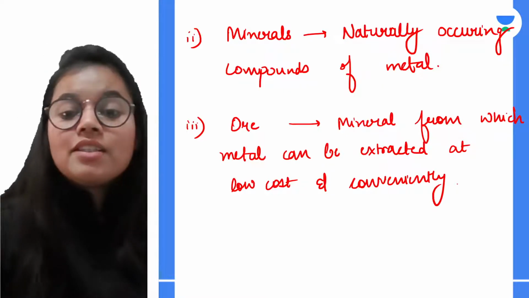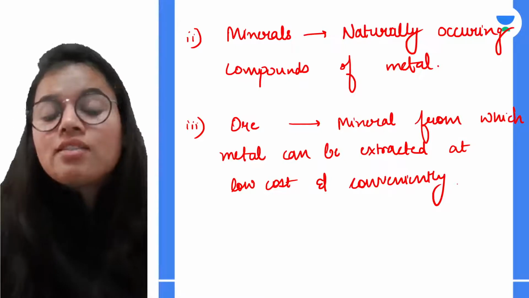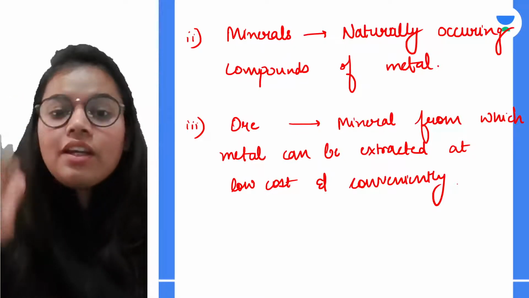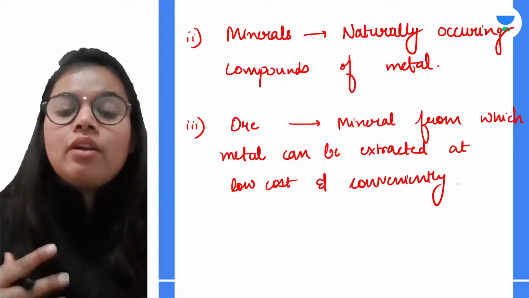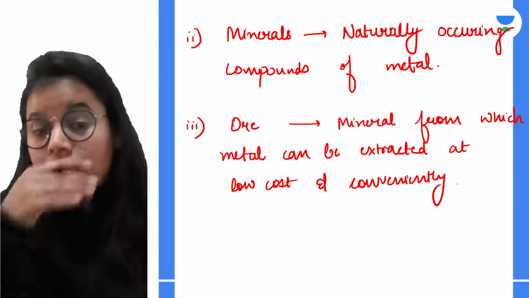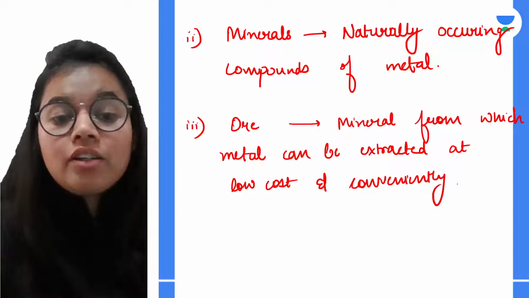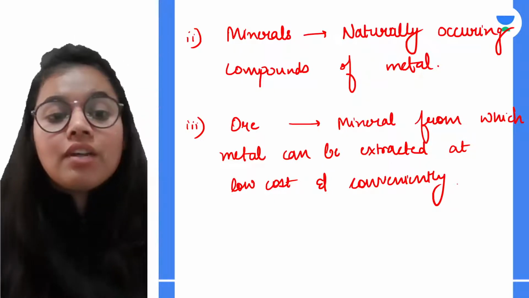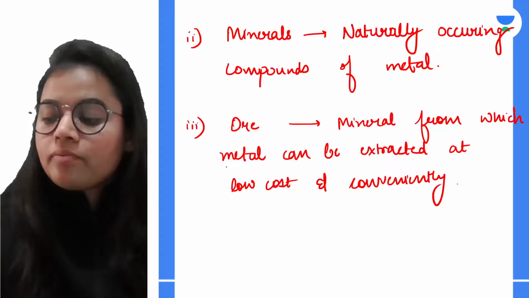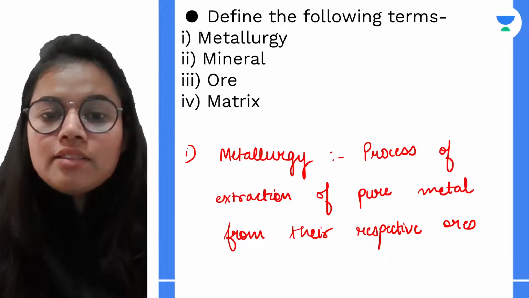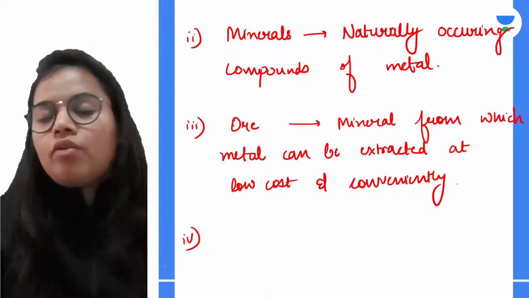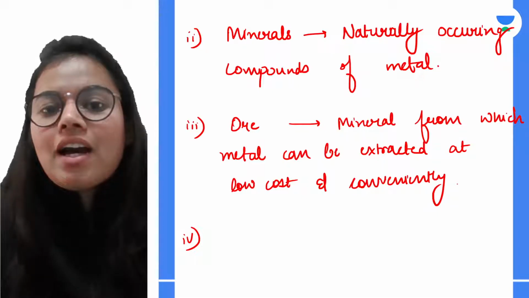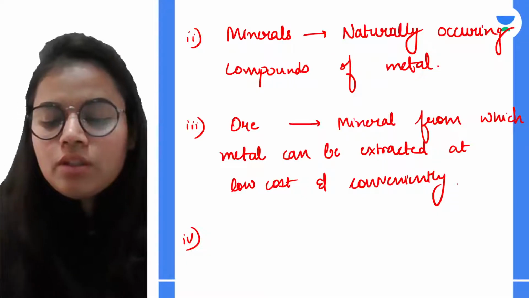Okay, so ore is basically a mineral. So we can say all ores originally are minerals, but for all minerals, it is not sure that they will be ore. Because some minerals have very low metal content, so they cannot give us the ore profitably. And then it is matrix. So what is matrix? See, if I go for mineral or ore, they always have some impurities associated with it.